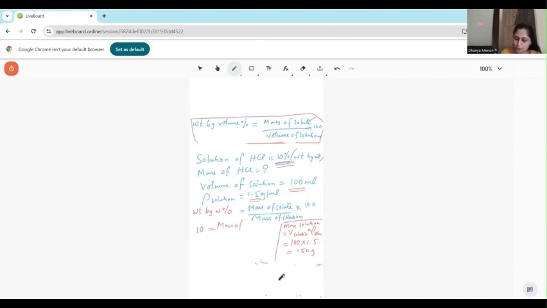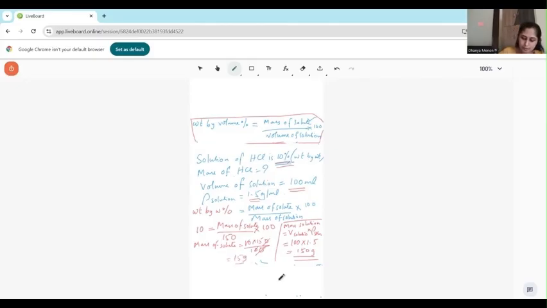But do you know the mass of the solution now? 150 times 100. So how do you find the mass of the solute? 15 grams. This is how you find out the mass of the solute.